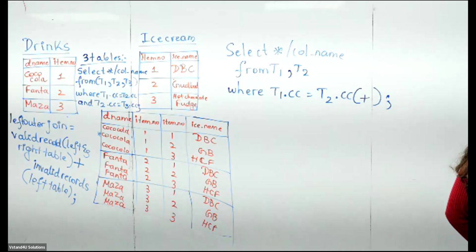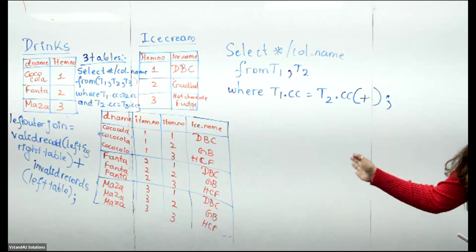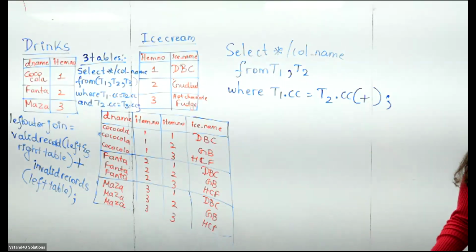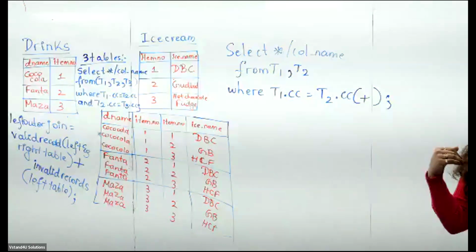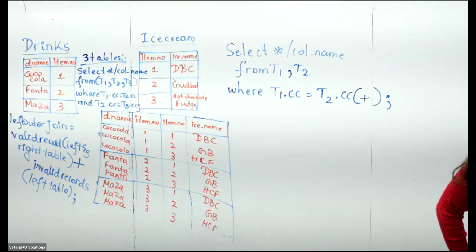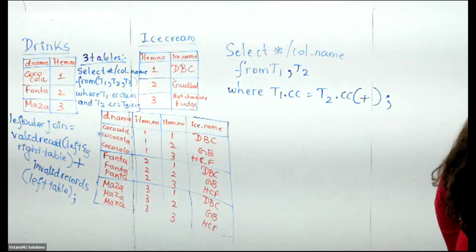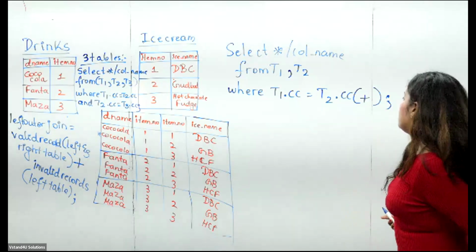You are joining the valid records to the left side of the table, so you mention the plus symbol towards your left side. Yes or no? Now for the right side, towards the right side of the table, that is nothing but the first table. Yes or no? Why are you coming late every day?